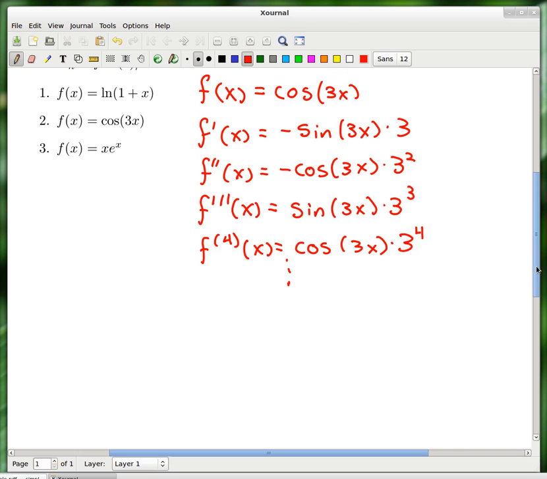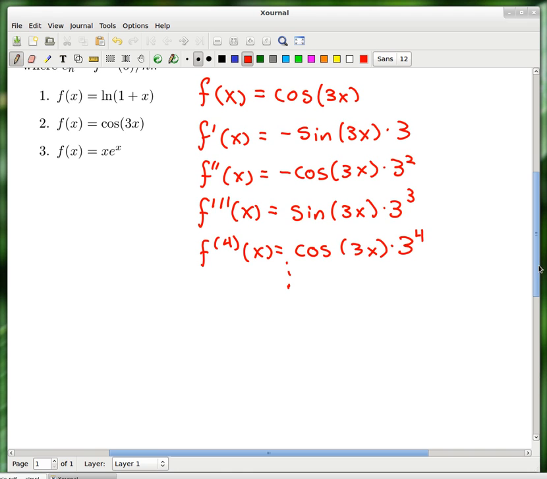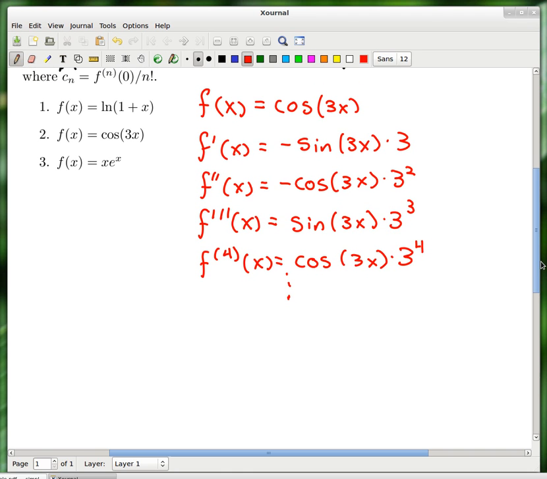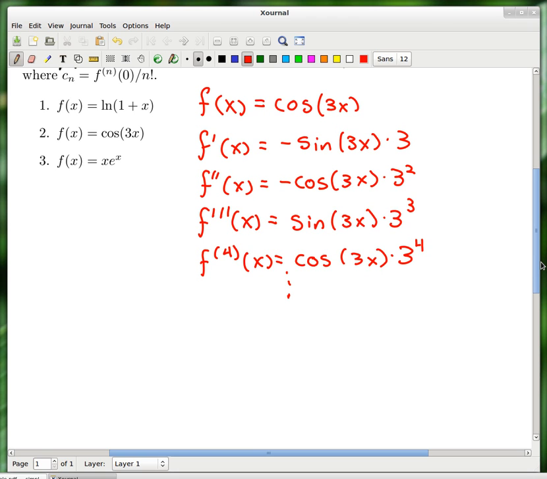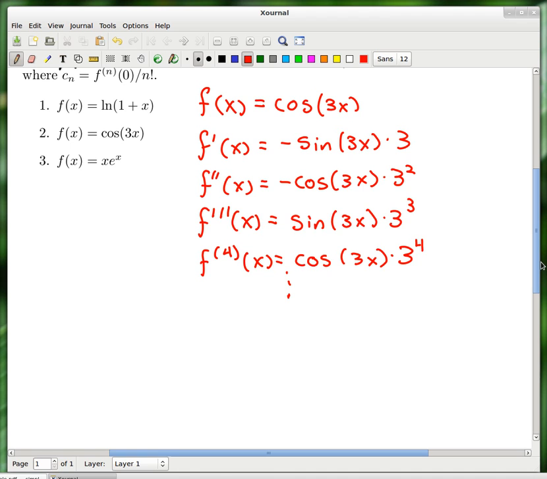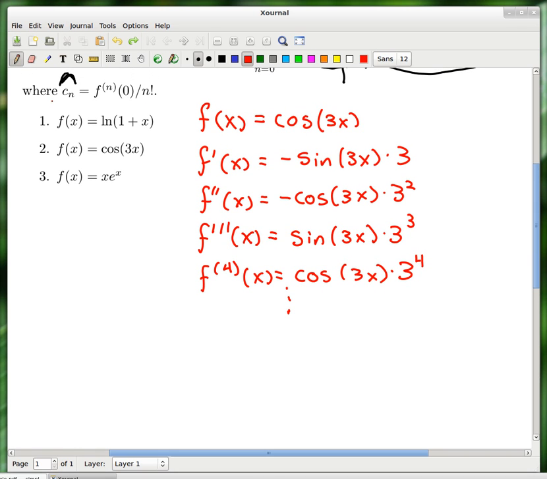Okay, so we know what the terms are. It's not as easy to write it down just with the big sigma notation as the other one. But I guess you could do it, right? We get to plug in 0, right? That's going to make things easier. So remember the formula for the coefficient here. You're really just concerned about what happens when the nth derivative is 0.